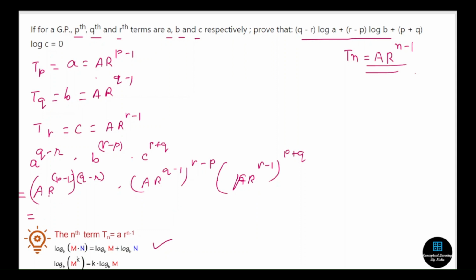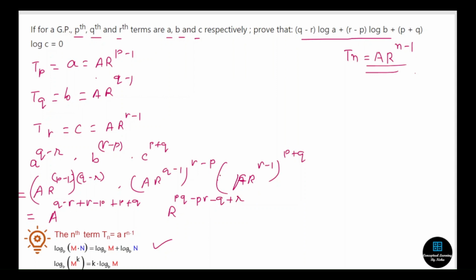So if I simplify, what I'll get: A to the power q minus r for this, then here A to the power r minus p, so I'll just add the exponents and I'll get q minus r plus r minus p plus p plus q for A. Now R to the power pq, then minus pr, then minus q, minus minus plus r.